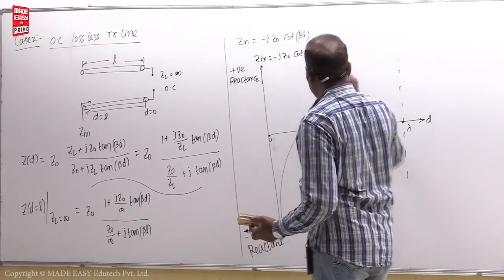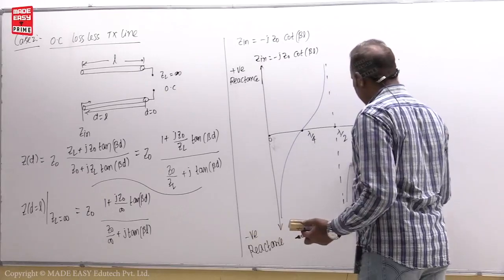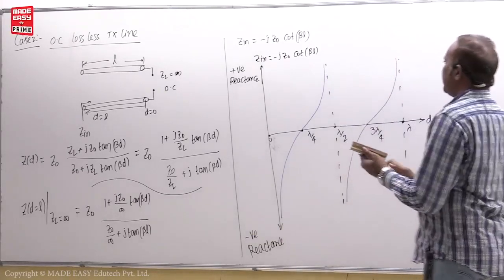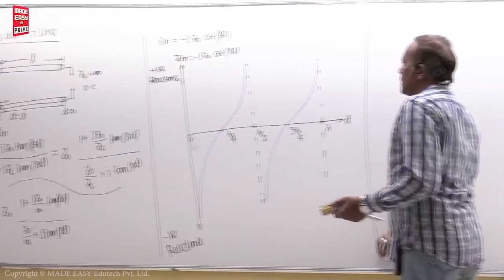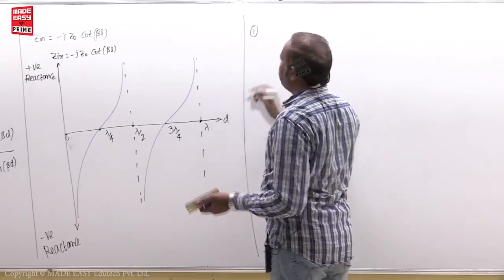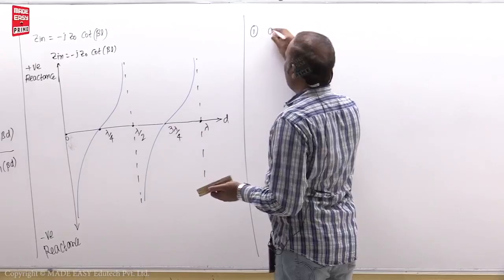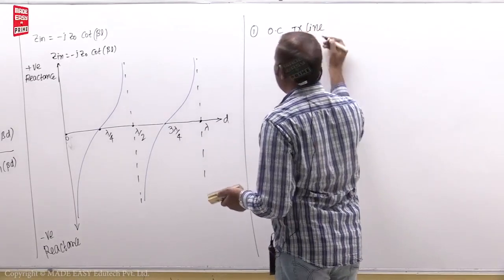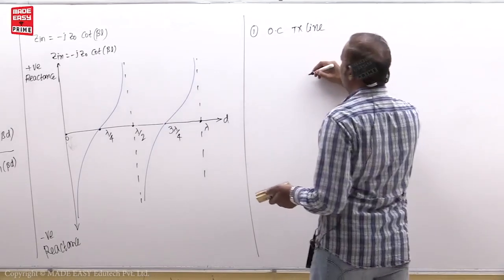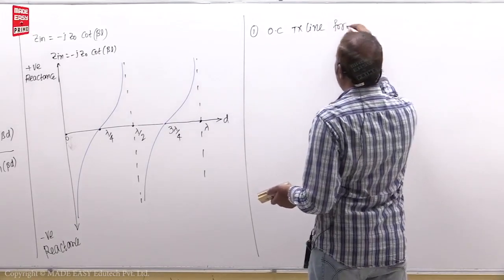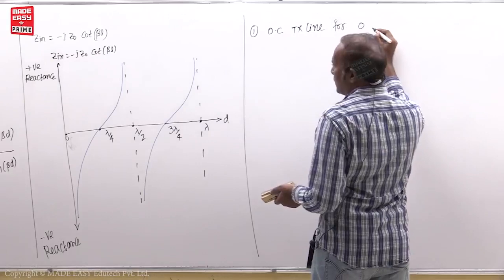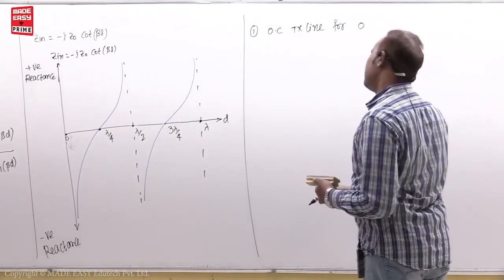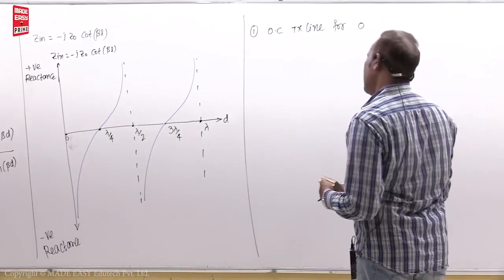Here it is going like this. You can calculate the values if you want. So here once again questions are like this. Open circuit transmission line, of course lossless, students. We are discussing only lossless. Open circuit transmission line for a total length 0 to lambda by 4.